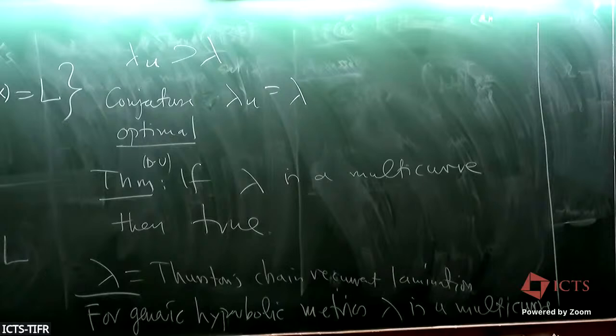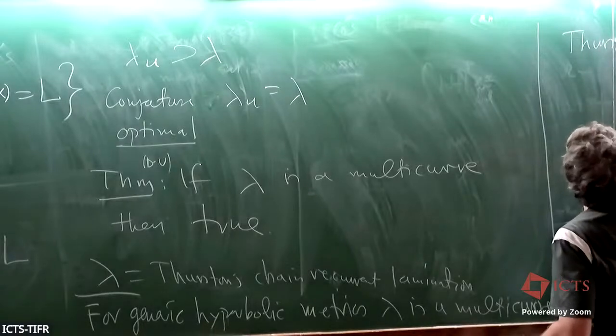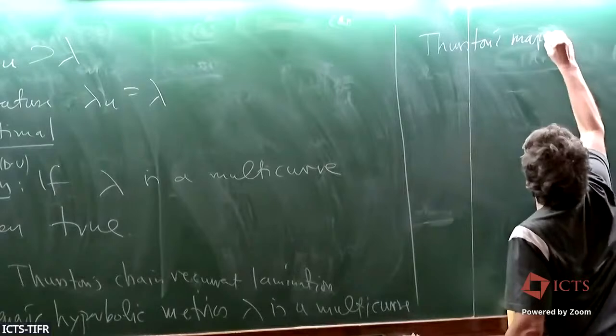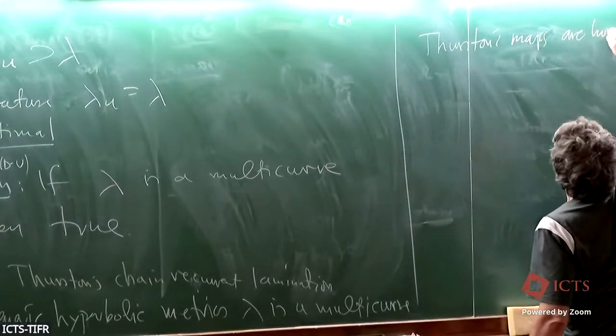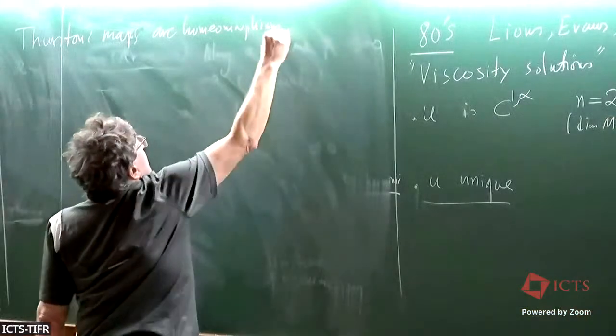In other words, Thurston's maps are homeomorphisms and not optimal.